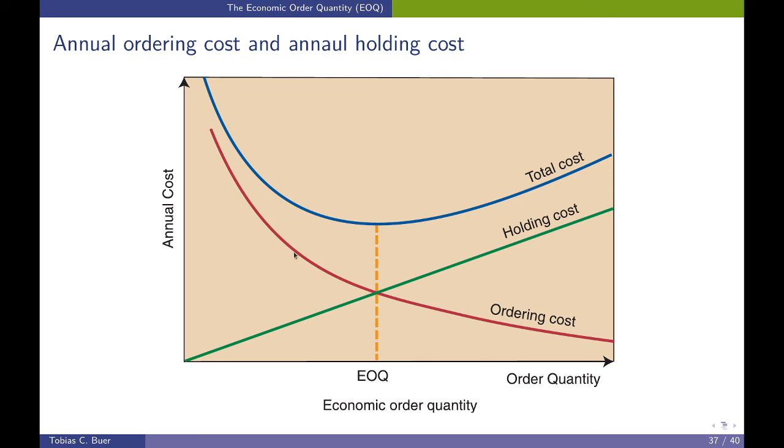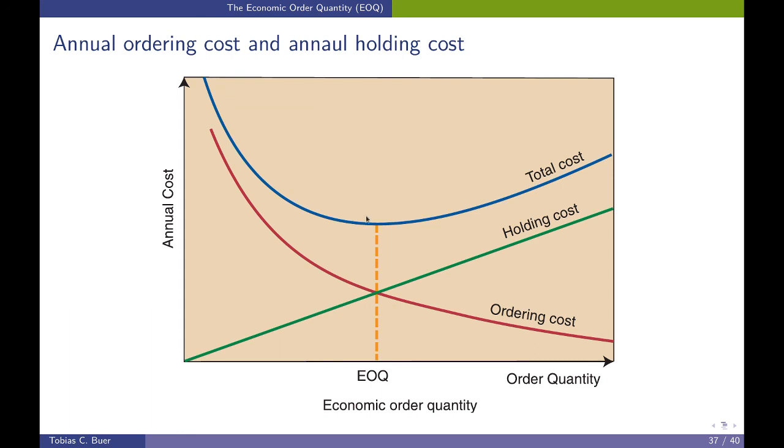The average ordering costs go down when we order more units. There are some economies of scale in the ordering costs, and here the red line and the green line have been added up to create the total cost line, which is blue.